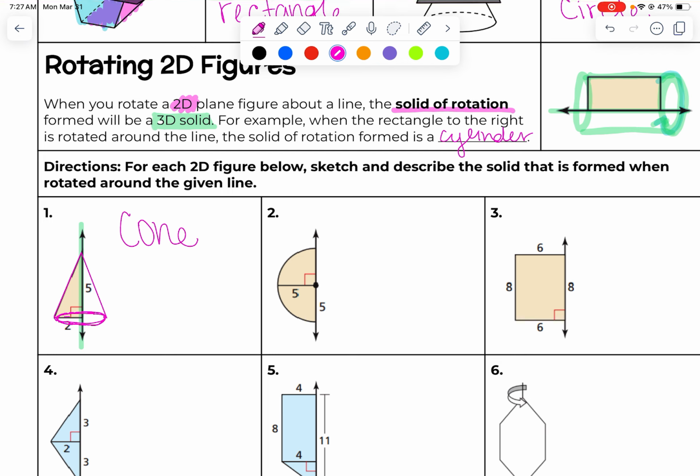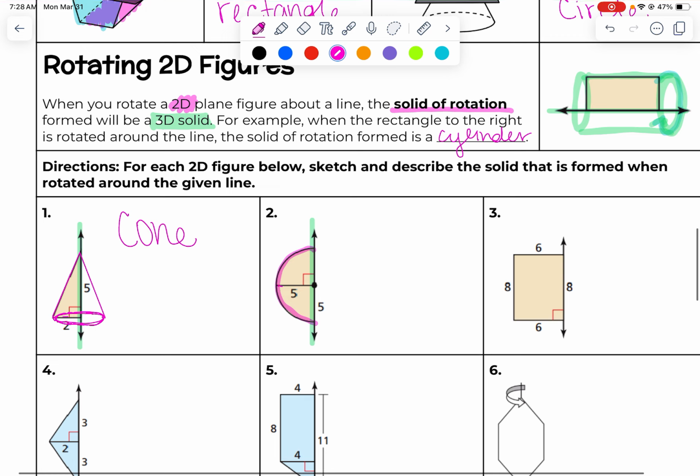Next we have number 2. Number 2 already looks like a semicircle, and we're rotating it about this line. So when we are rotating this semicircle, we're going to look at the middle portion, this line right here. We know this line is going to move in a circular motion.